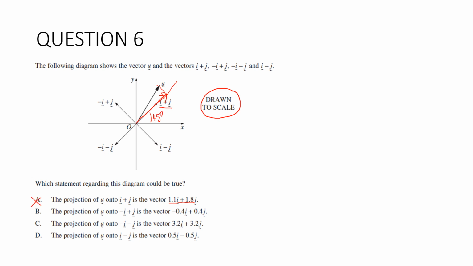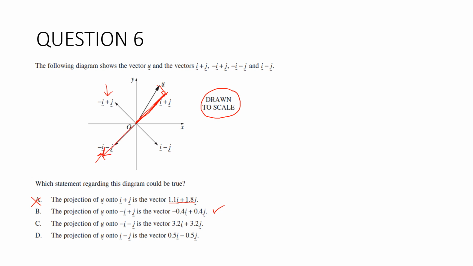B, the projection of u onto this one here. So let's draw that up. There's the projection there. Could that vector be negative 0.4i plus 0.4j? Yes, it's possible that is the right answer. Let's just try C and D. The projection of u onto this one here. Now, let me just rub some of that out. What does that look like, that vector projection? I want to take the length of this, but I want it in this direction.